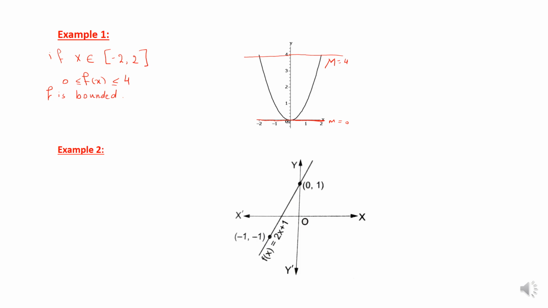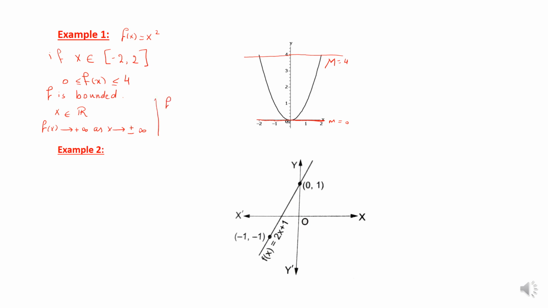What if this is the parabola f of x equals x squared, and x belongs to R, over the whole interval R? Look at the figure. As x tends to negative infinity, f of x tends to plus infinity. As x tends to plus infinity, f of x tends to plus infinity as well. So f of x tends to plus infinity as x tends to plus or minus infinity.